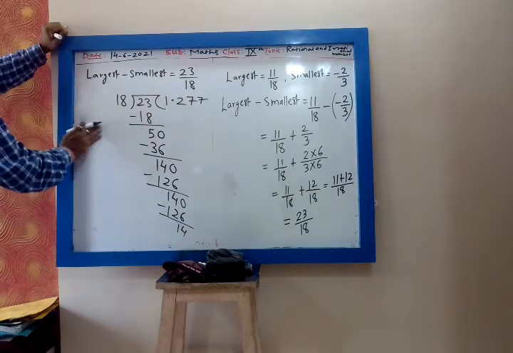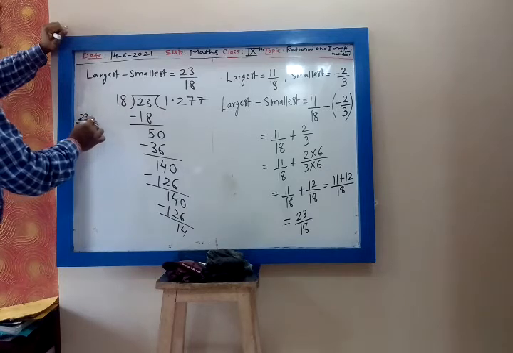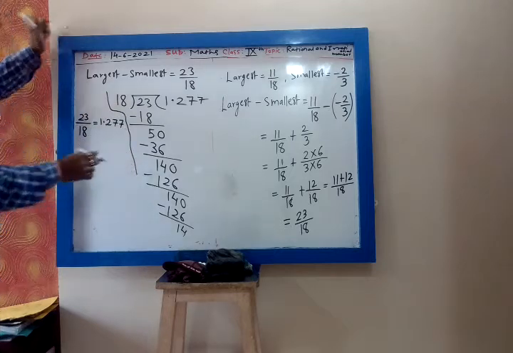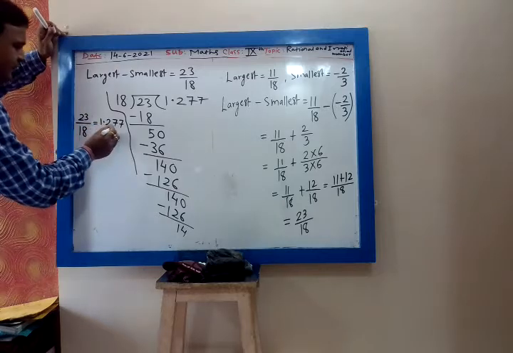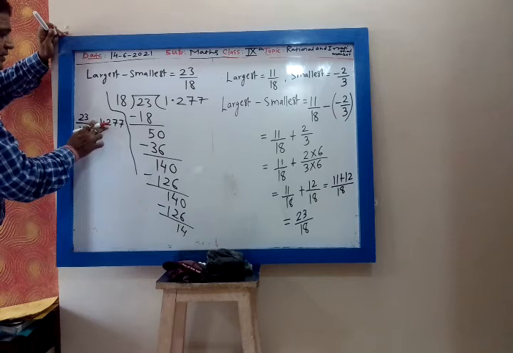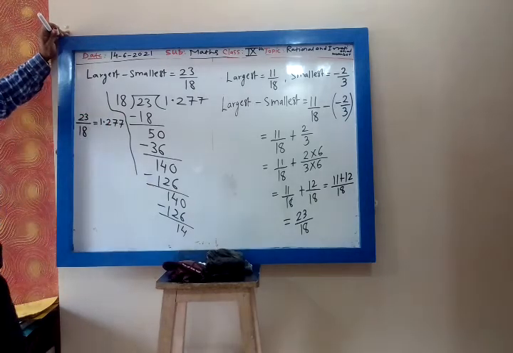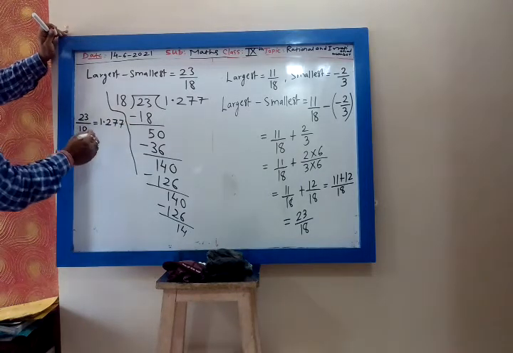So basically 23 upon 18 I can write as 1.277. But what is asked? Correct up to 1 decimal. So we keep 1 decimal, and if the next decimal is 5 or more than 5, then you increase the previous decimal.